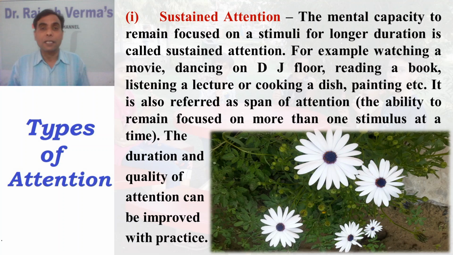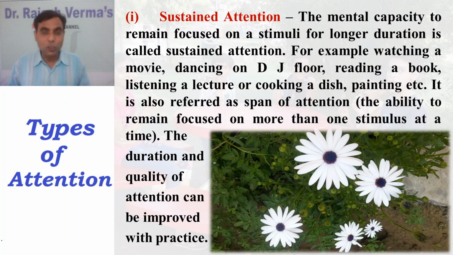For example, when you watch a movie, dance on a DJ floor, read a book, listen to a lecture, or someone is cooking a very tasty dish, or painters are engrossed in painting. These are examples of sustained attention.